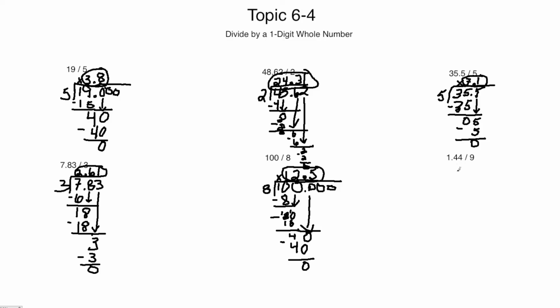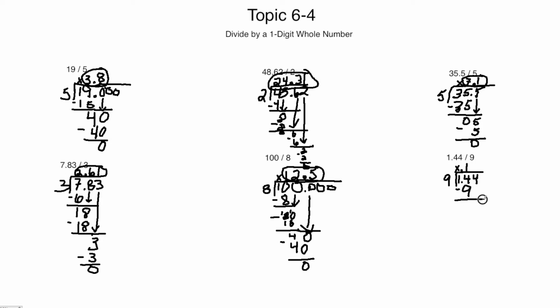And go ahead and push pause for the last one and see if you come up with the same quotient. All right, so we should have our dividend, which is 1 and 44/100ths, divided by the divisor 9. There is no decimal in the divisor, but there is in the dividend, so all we have to do is just bring the decimal up. Can 9 go into 1? Nope. Can 9 go into 14? Yep, one time.